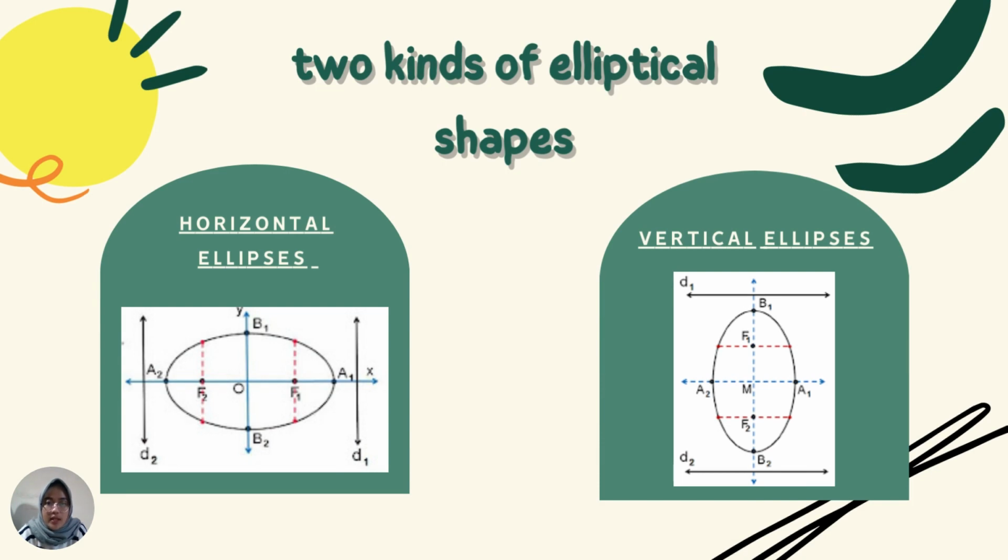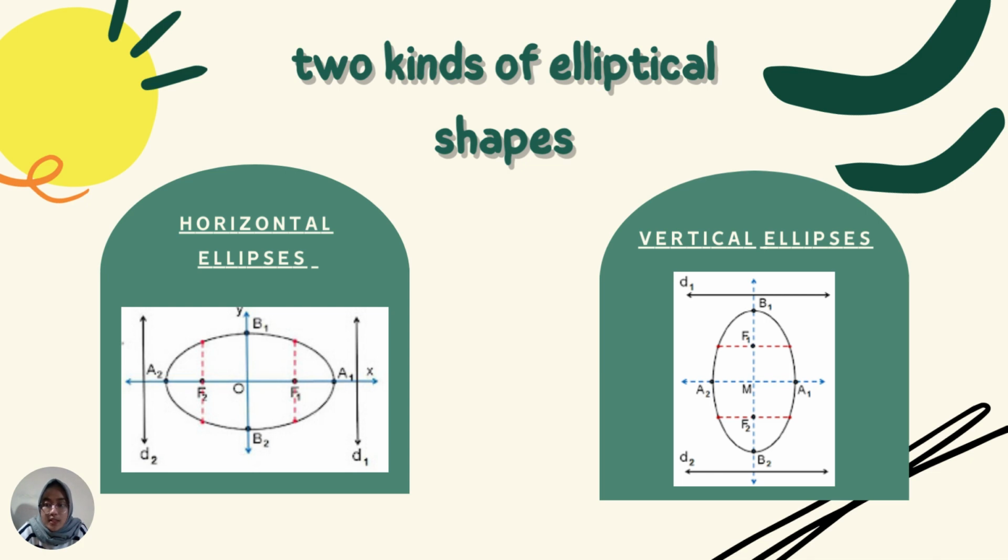Two kinds of elliptical shapes. Next, let's discuss the types of ellipses. Ellipses are divided into two types. The first is the horizontal ellipse, and the second is the vertical ellipse.